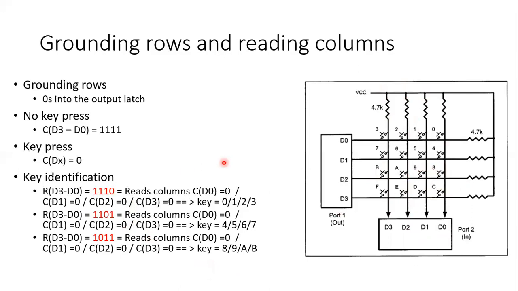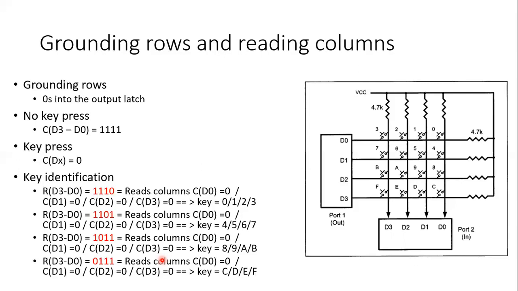And one more thing you have to understand: when you come to the next row, it is because we have not yet identified the key press. So in the last row, a key must be identified, isn't it?